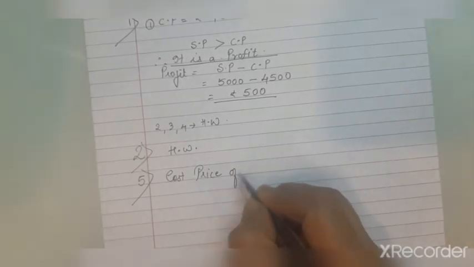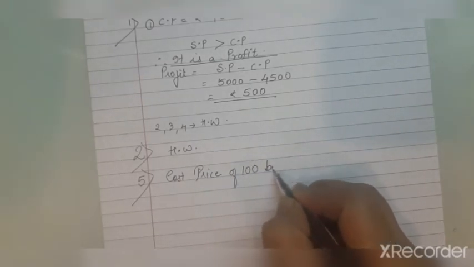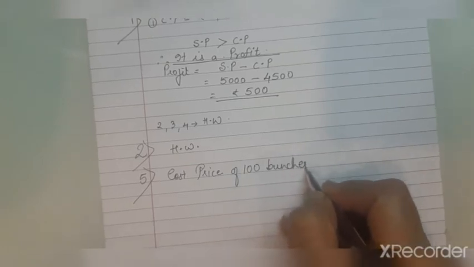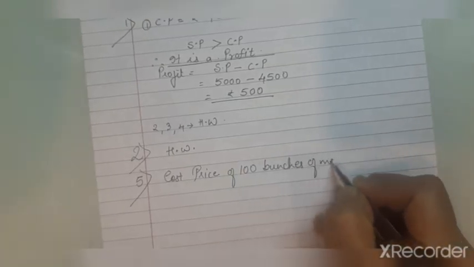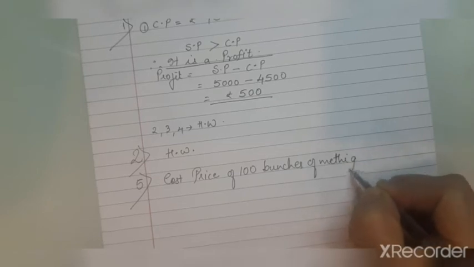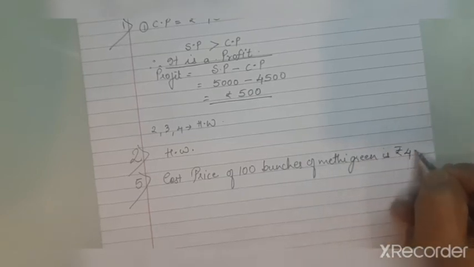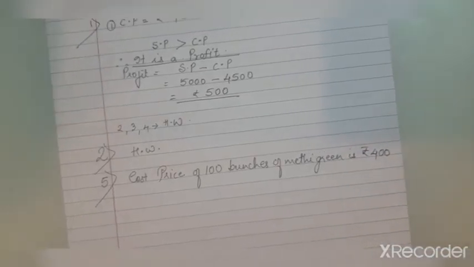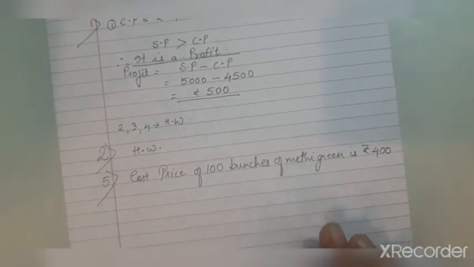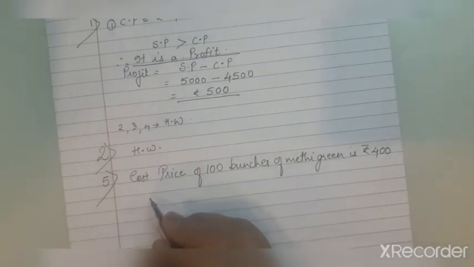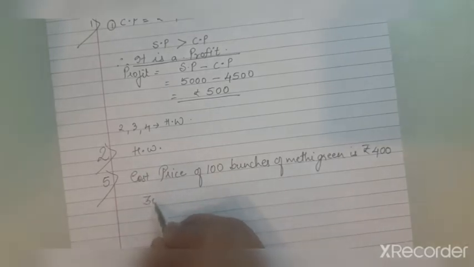of 100 bunches of methi green is rupees 400. So he bought 100 bunches for rupees 400. Now out of this, due to the downpour, what happened? 30 bunches got spoiled.